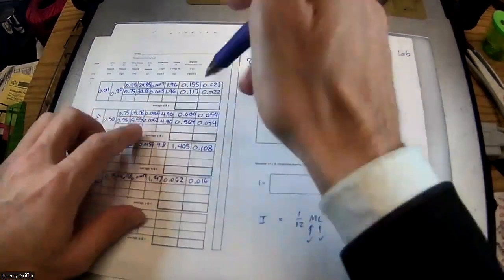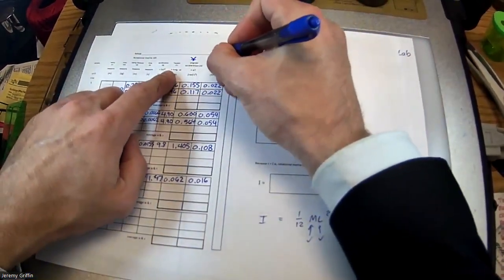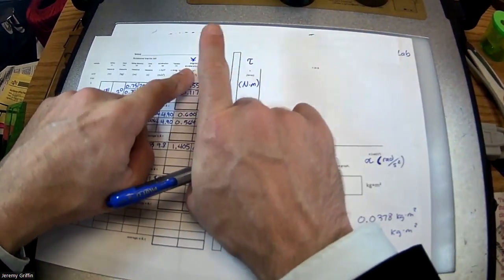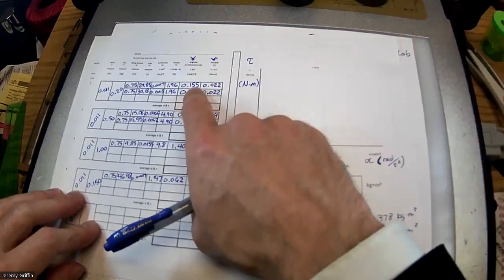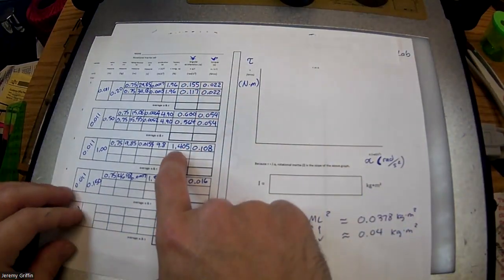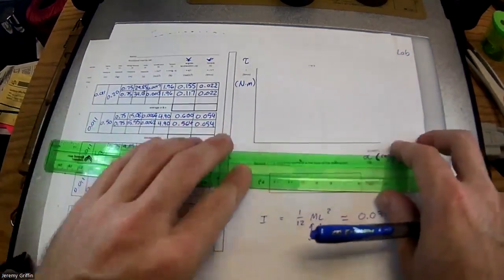Now let's see. What were our alpha values? That's this column here, and our torque values are this very last column. So this is like y and x. What's my largest alpha? I think it's this one right here, 1.4. So can you scale this up to here?